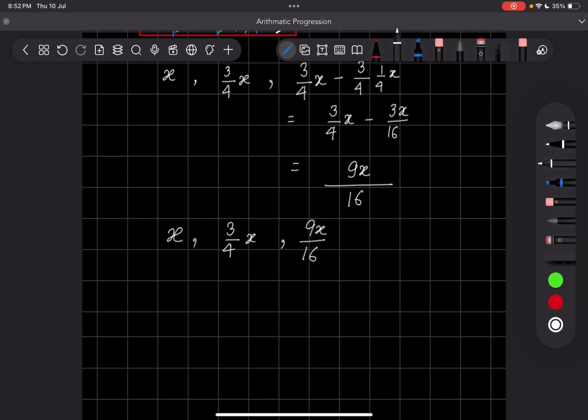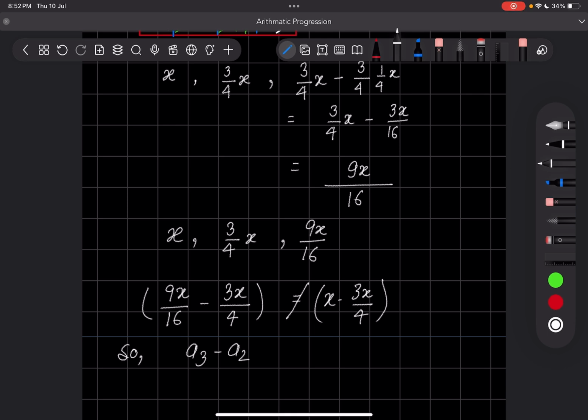If you subtract the two consecutive values, that is 9x by 16 minus 3x by 4, you will find that this is not equal to x minus 3x by 4. So a3 minus a2 is not equal to a2 minus a1.